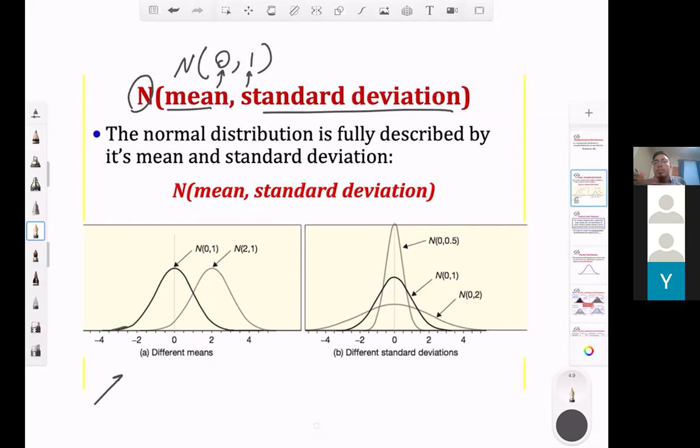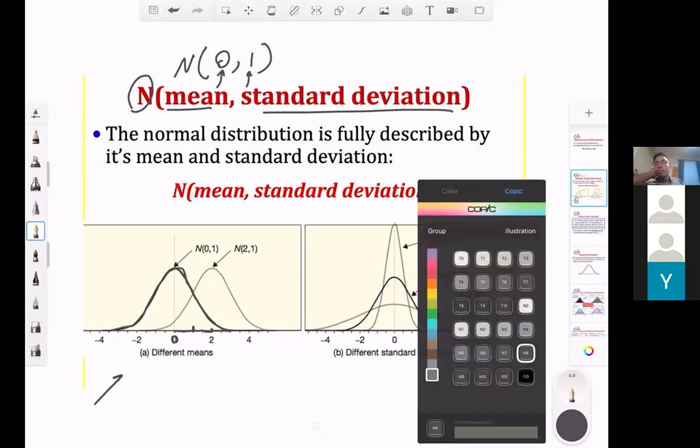So that's the graph. 0 is the mean and the standard deviation is 1. This is 1 standard deviation, 2 standard deviations, and 3 standard deviations. We learned that within 3 standard deviations, we have 95% of our data.